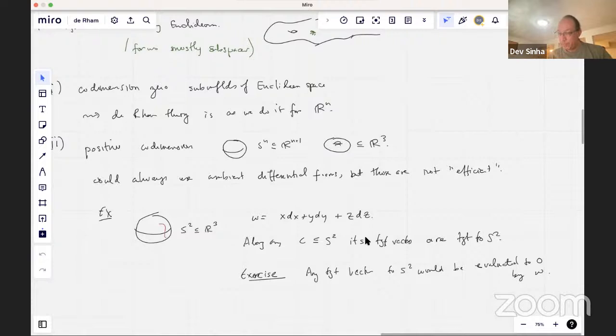Okay, and let me finally talk a little bit about the third kind of manifold that can arise. I'll just call them quotient constructions.